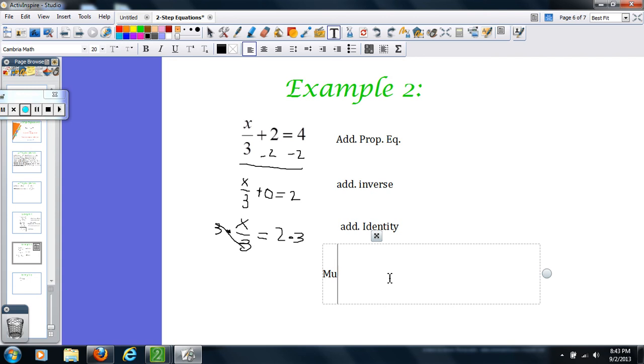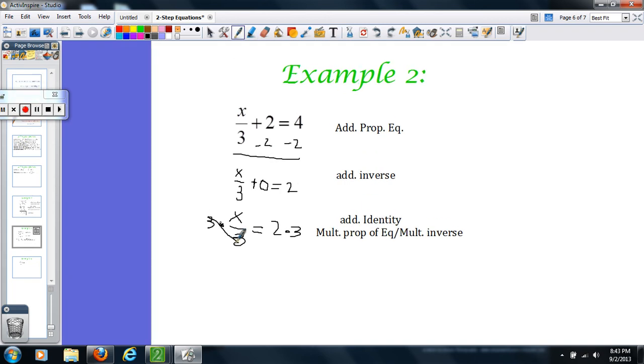You have the multiplicative property of equality, and I also included the multiplicative inverse properties there. And 3 divided by 3 is going to give me 1x equals 6.